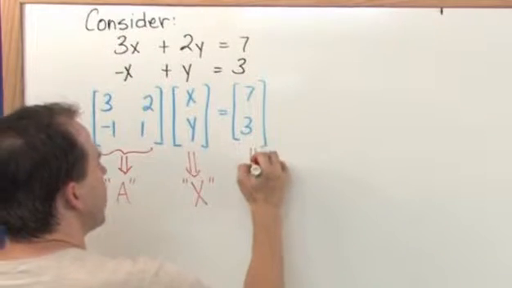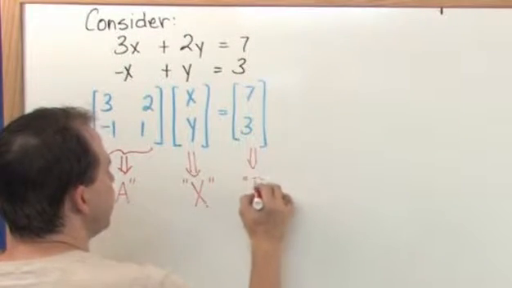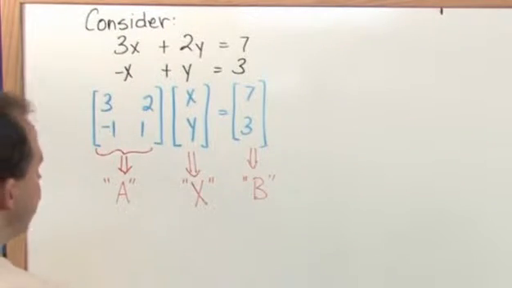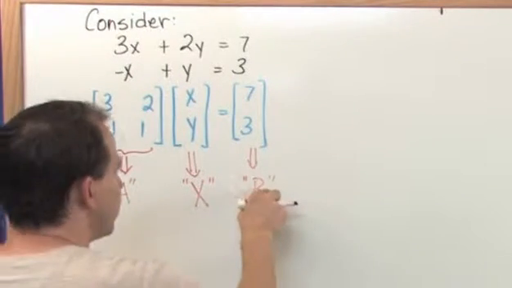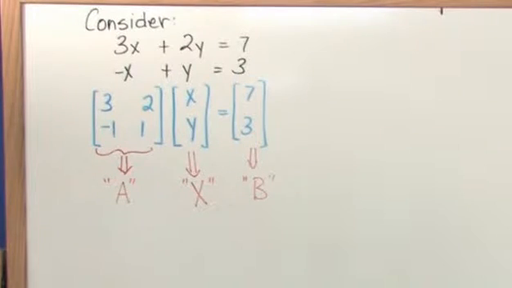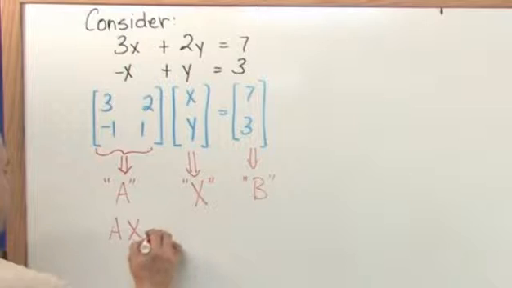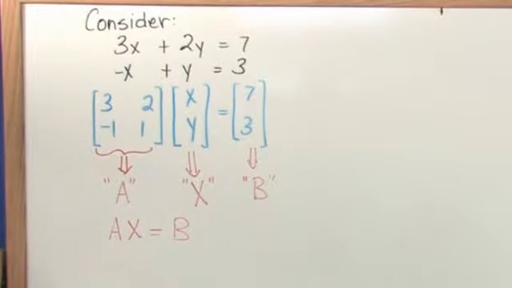This matrix on the right-hand side of the equal sign is called B. So what you have is A times X is equal to B. Matrix A times matrix X is equal to matrix B. That's the matrix representation of this. This is called the matrix form, the more compact way of saying the matrix representation.